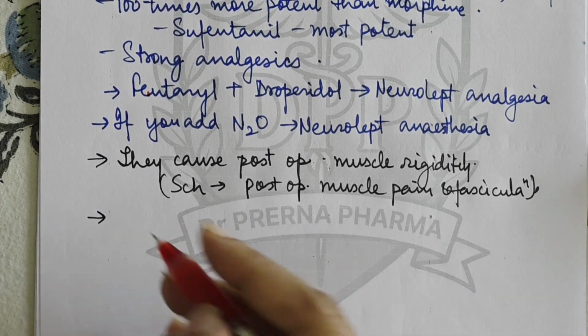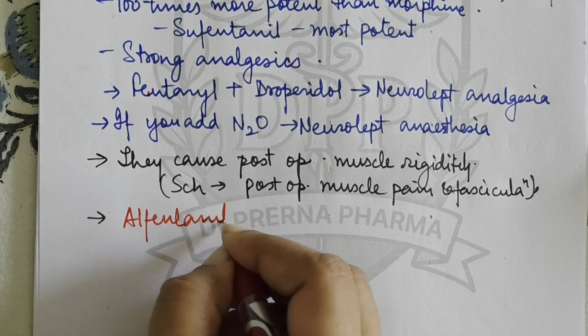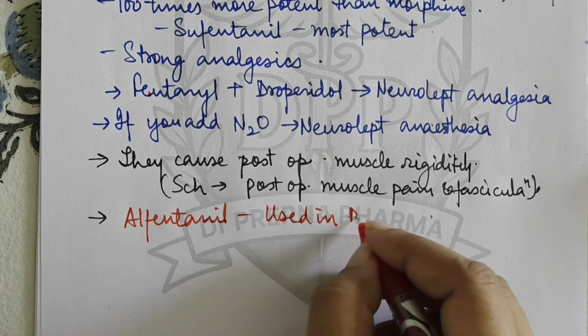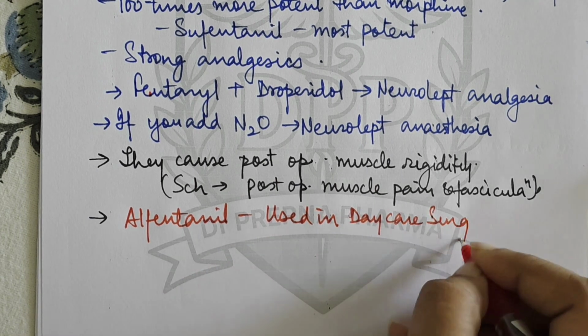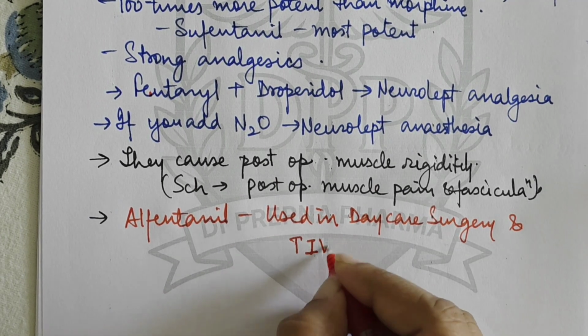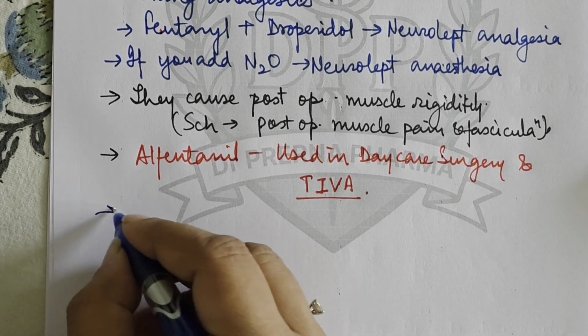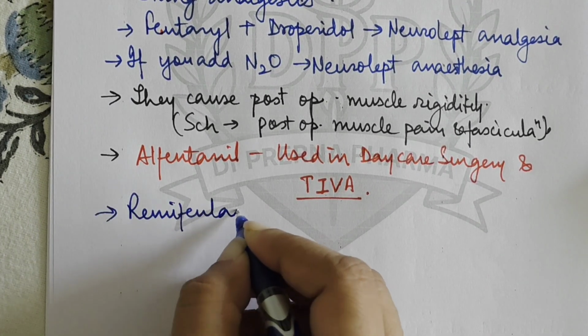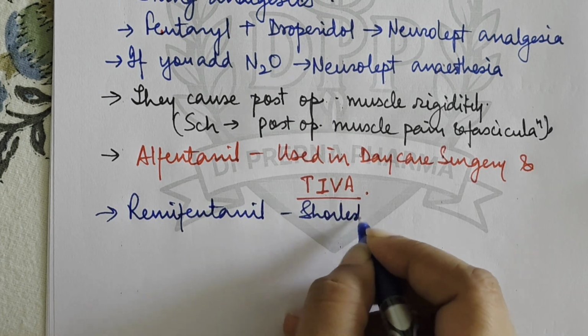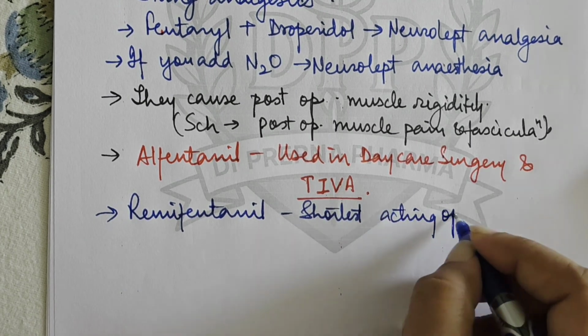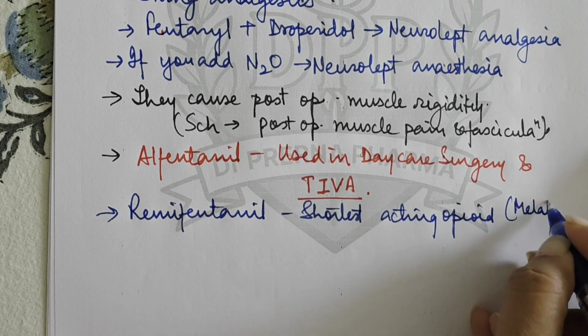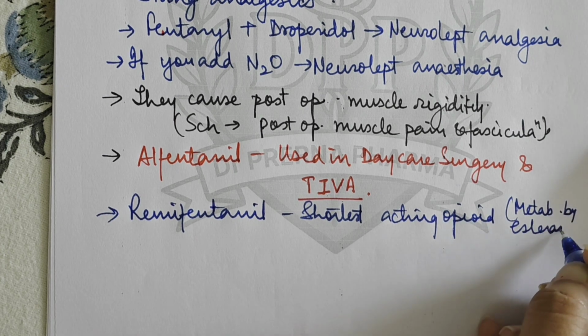Then alfentanil is used in daycare surgery and total intravenous anesthesia. It can be used with propofol for that also. Remifentanil is the shortest acting opioid. Why? Because it is metabolized by esterases.